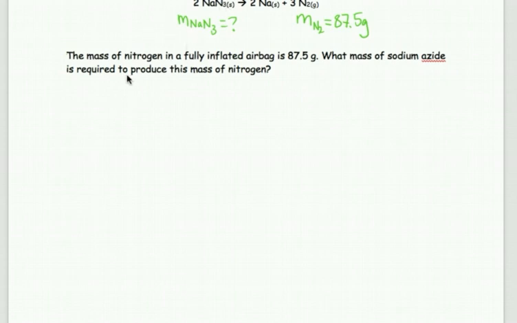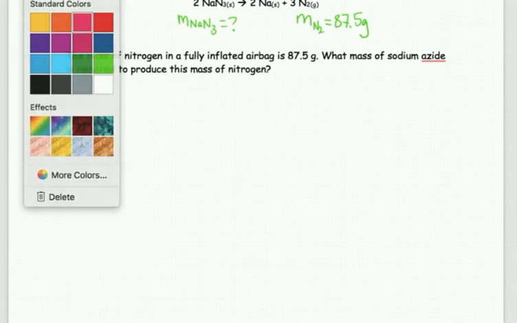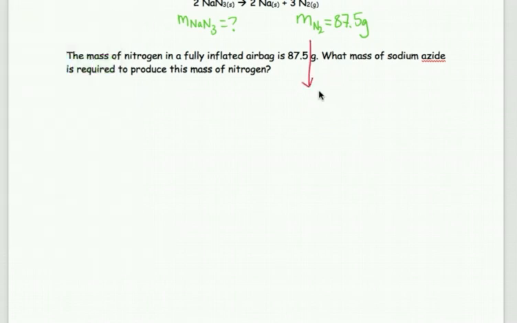All right, so we need to find the mass of sodium azide. So again, here is our plan. We're going to get to moles of nitrogen because we cannot compare mass. Remember, we cannot compare mass, but once we get it to moles, we can compare it and find the moles of sodium azide.